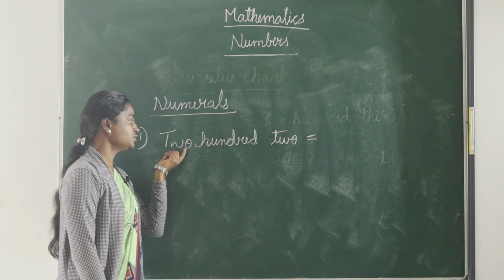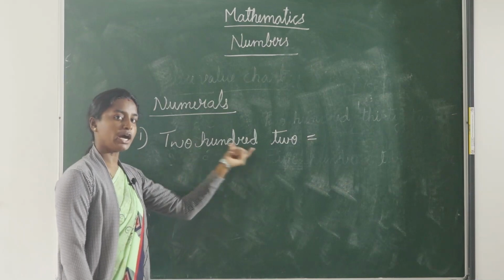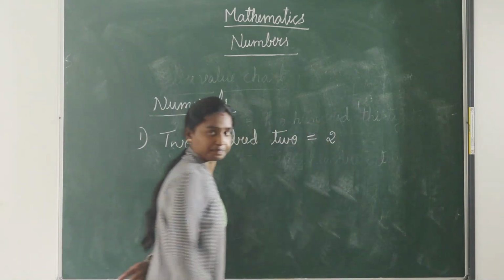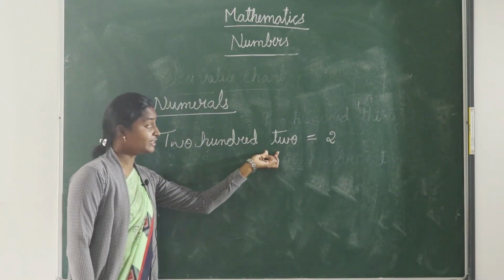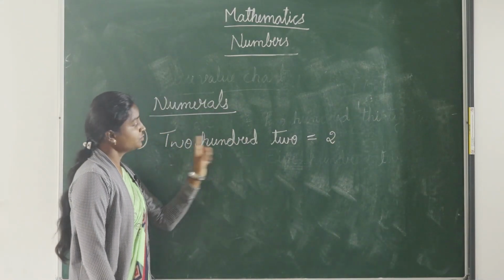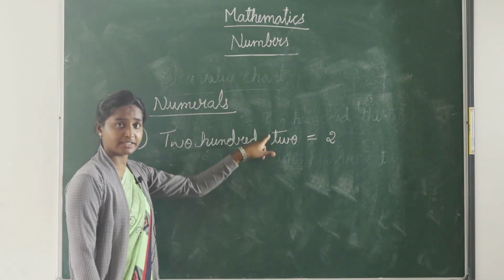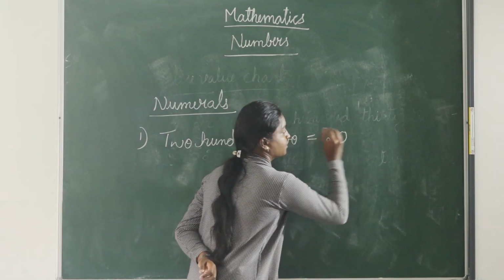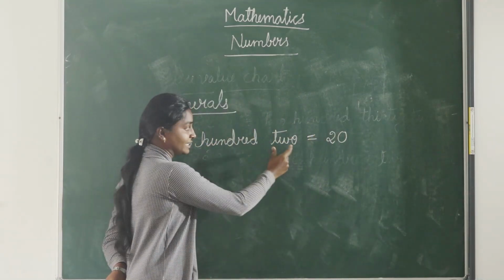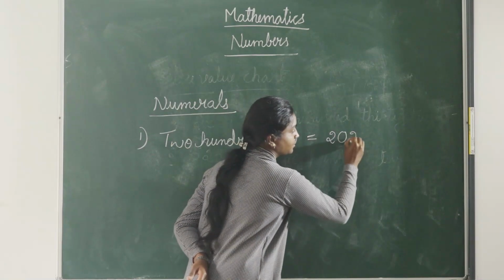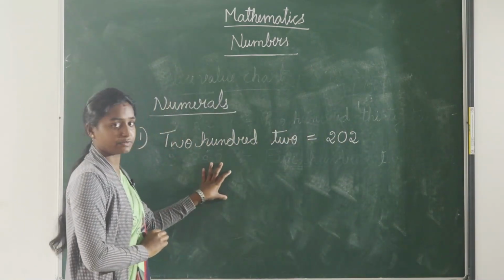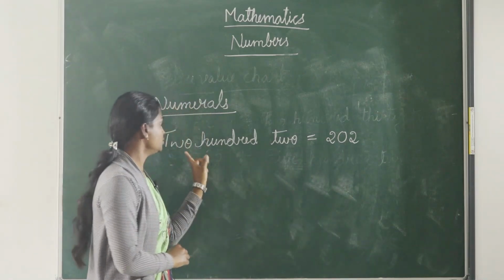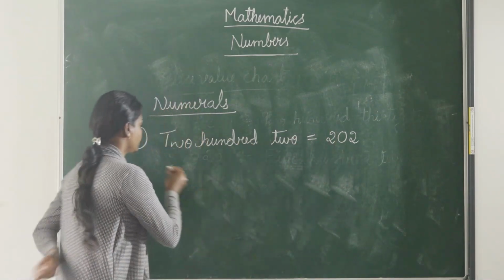So pronounce 202. 200 means 2 is standing in 100 place. So it will come first. Then is any tens place there? 202. No tens place is there. So what do we have to write? We have to write 0. After that, in ones place which number is there? 2. So let's write 2. So you have to be careful. If no tens place is there, you have to write 0. So 202.